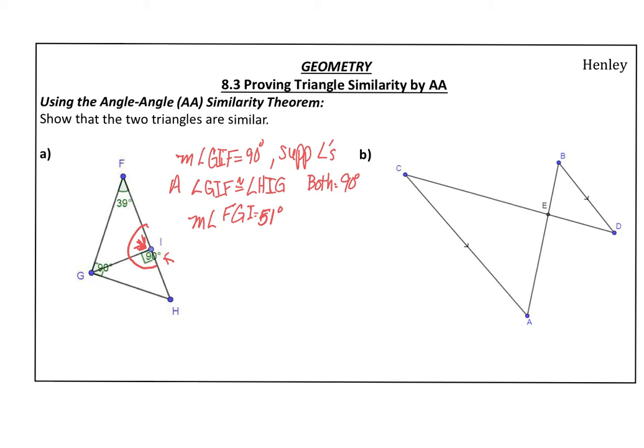The reason we can say that is this angle is 90 degrees and this angle is 39 degrees. 90 plus 39 gives us a total of 129. 180 minus 129 gives us 51 degrees. So that means this one is 51 degrees, which is FGI. The reason we know that is the triangle sum theorem.